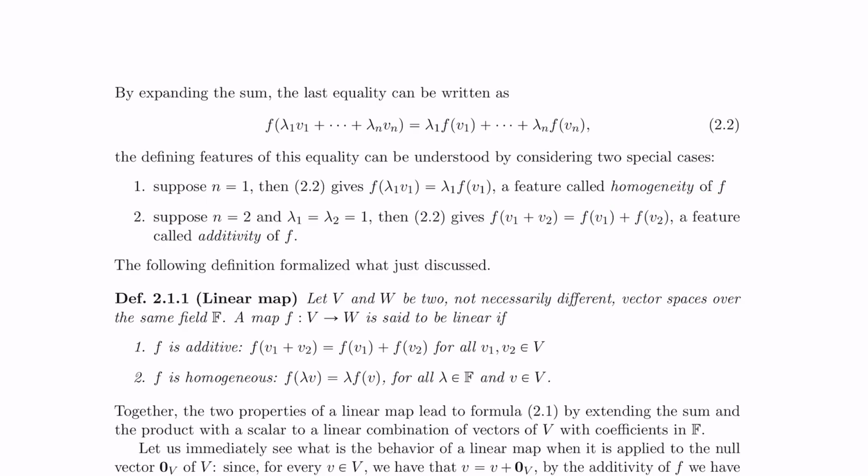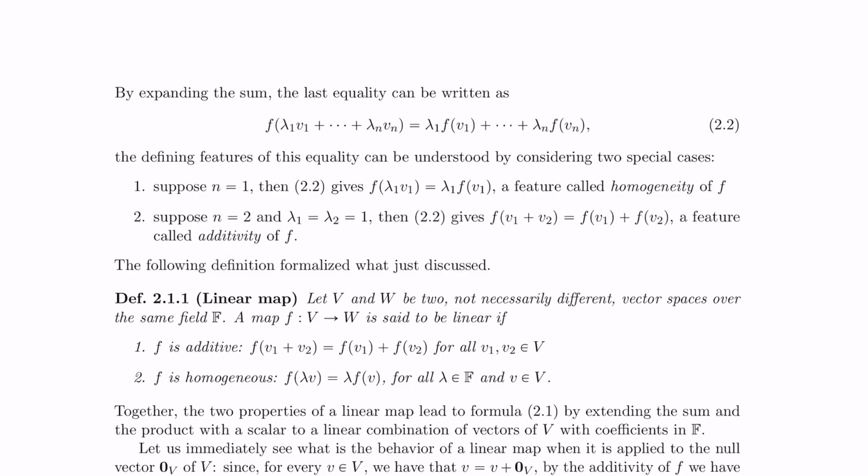So you see that homogeneity simply means that when f is applied to a vector multiplied by a scalar, then we can take off the scalar. Considering now n equals 2 and lambda 1 equals lambda 2 equals 1, we have that this formula reduces to f applied to the sum of v1 and v2 is the sum of f applied to v1 and applied to v2, a feature that is called additivity of f.